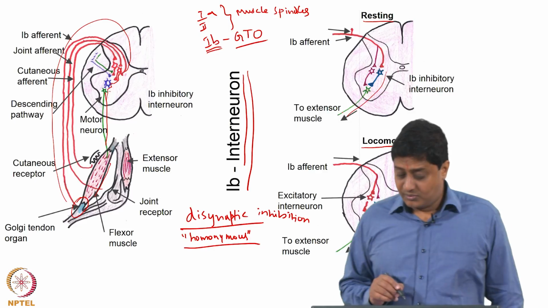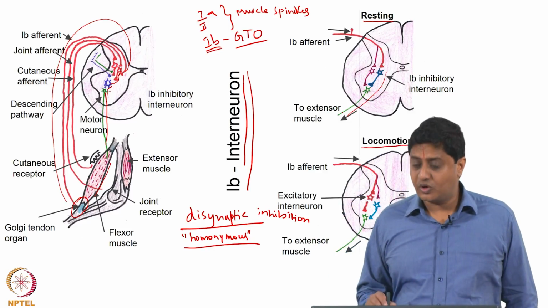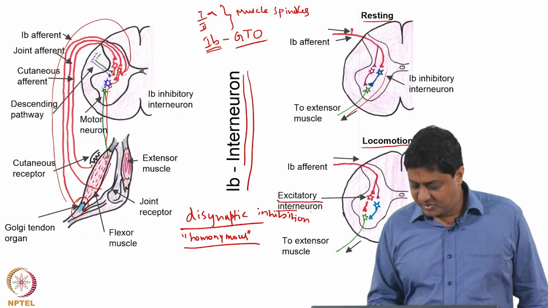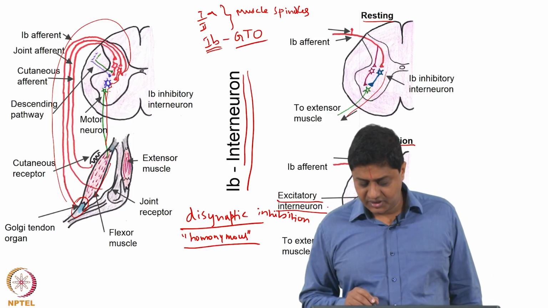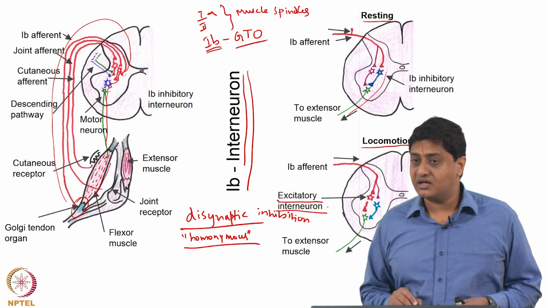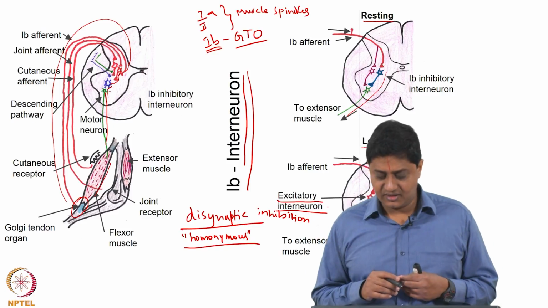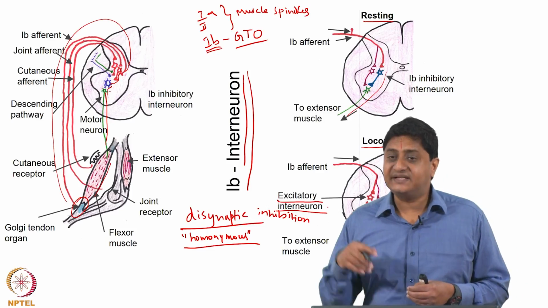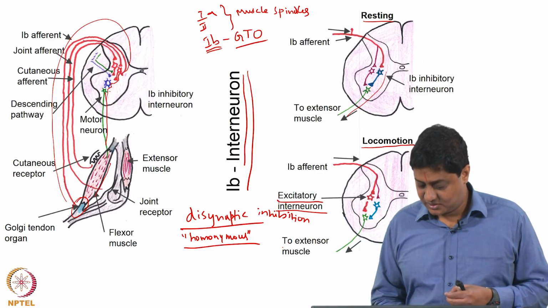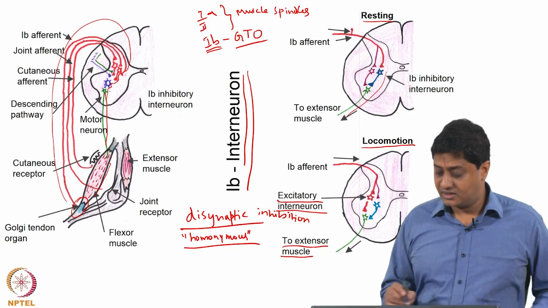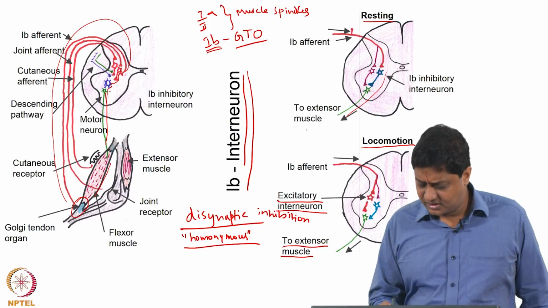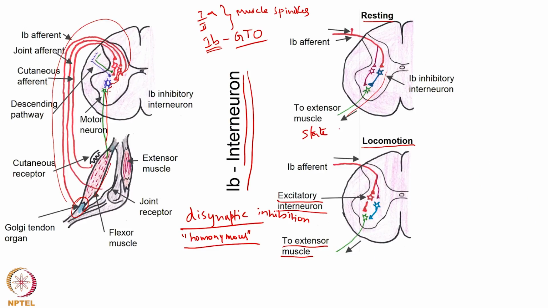But during locomotion, there are other excitatory interneurons that come into the picture that cause the 1B afferent to cause an excitation in the extensor. This phenomenon has been widely studied and lots of data is available on that. This is called the state dependent reflex reversal.